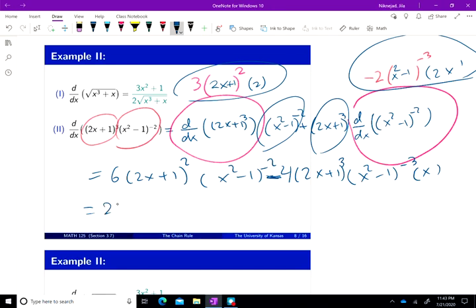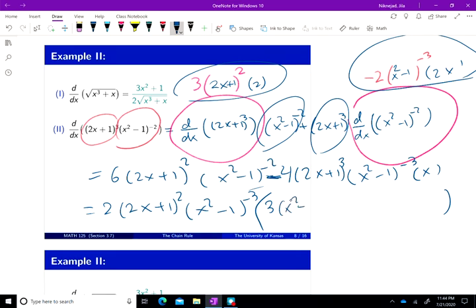So I do (2x plus 1) to the power 2, and then (x squared minus 1) to the power negative 3. And what is left from the first bunch is 3, and (x squared minus 1) to the power negative 2 divided by (x squared minus 1) to the power negative 3 is x squared minus 1.